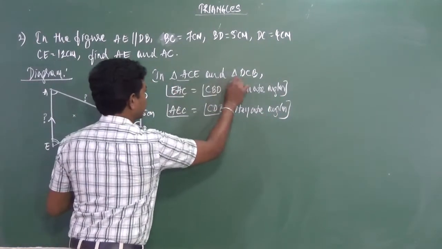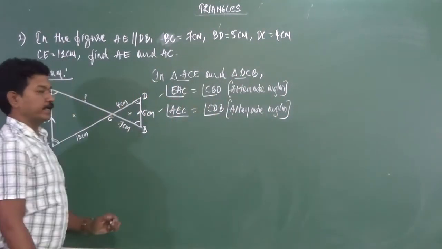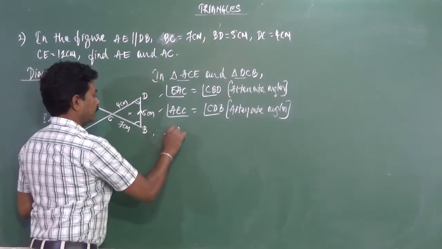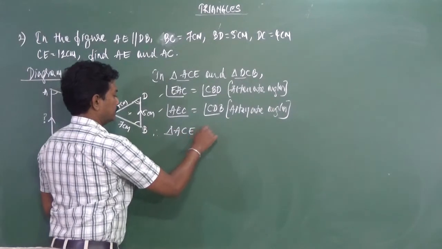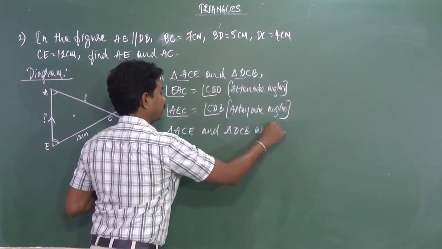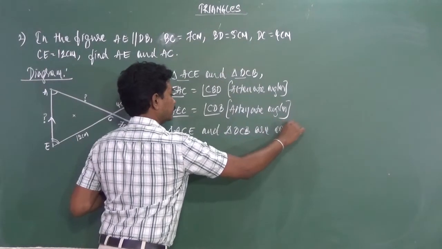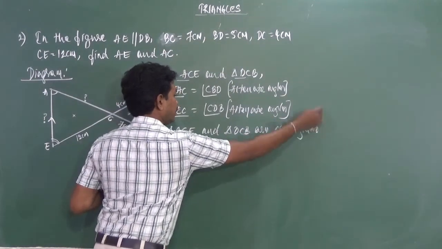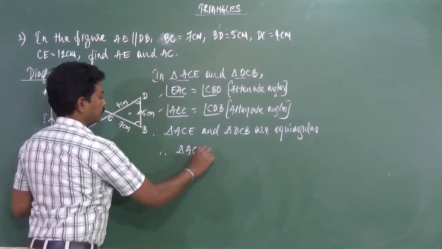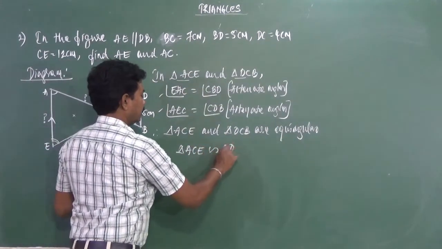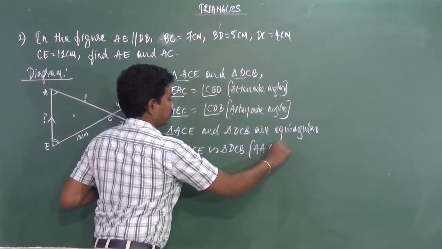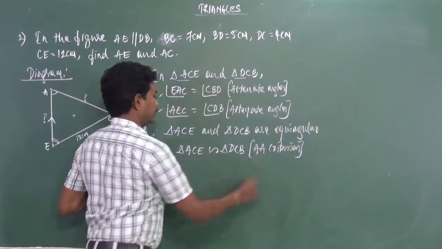So in these two triangles, two pairs of corresponding angles have become equal. Therefore, triangle ACE and triangle DCB are equiangular. So therefore, triangle ACE is similar to triangle DCB. This is according to the AA criterion, right?